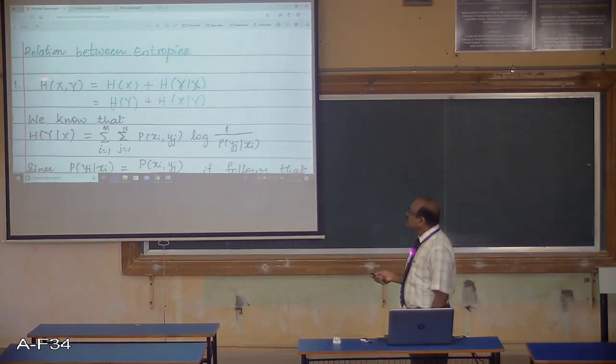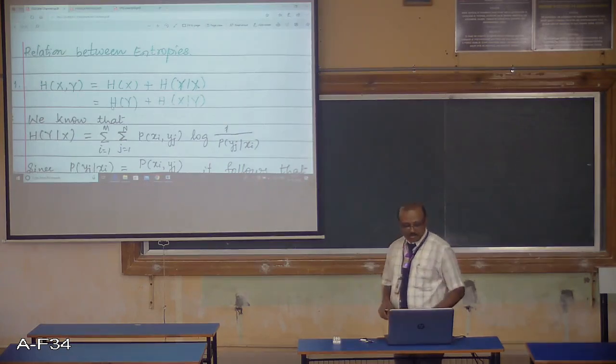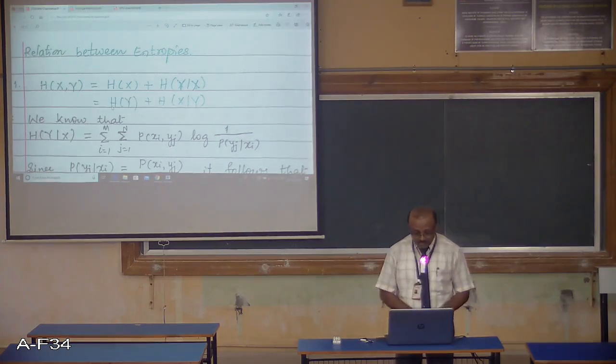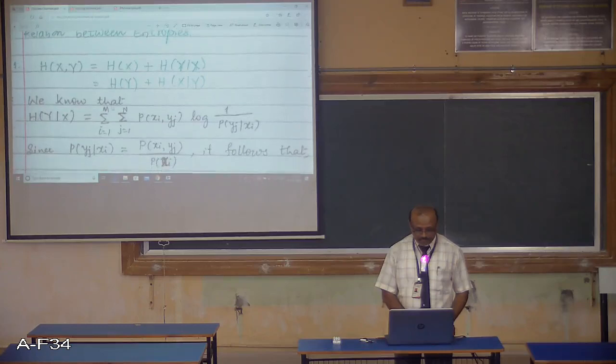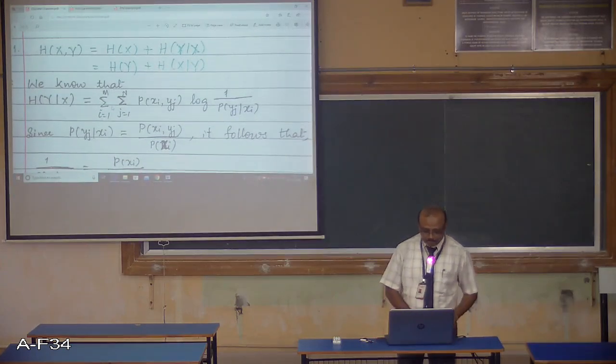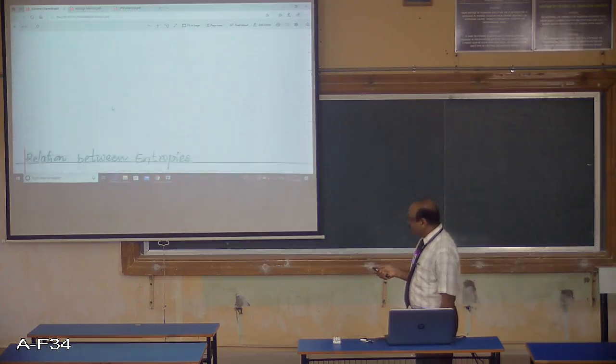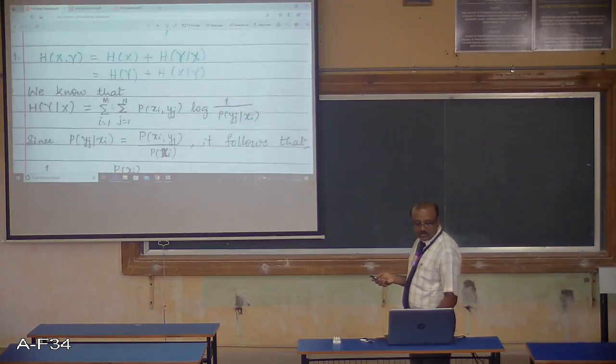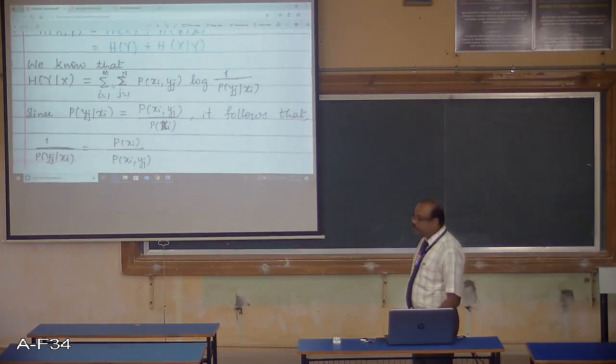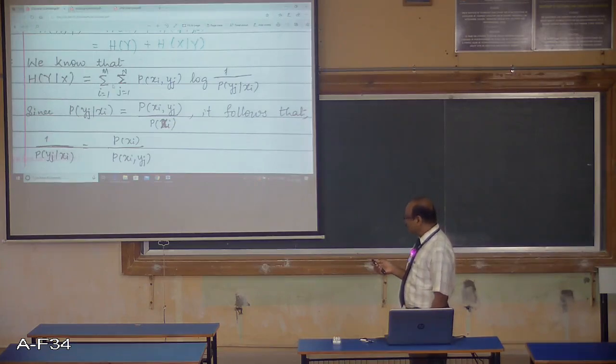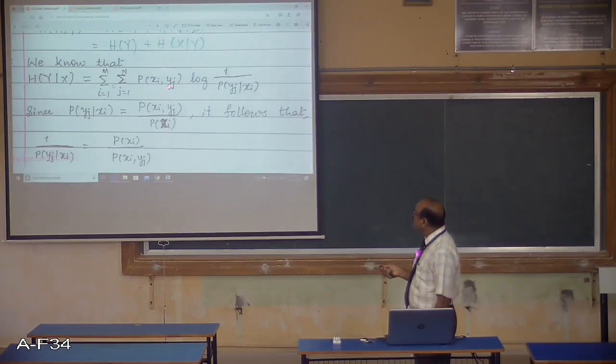Mathematically we can prove this, and sometimes this proof is asked in question papers, wherein it is simple mathematics. By definition of conditional entropy, H(Y given X) is the joint probability times the log of the conditional probability, where the base is by default 2.